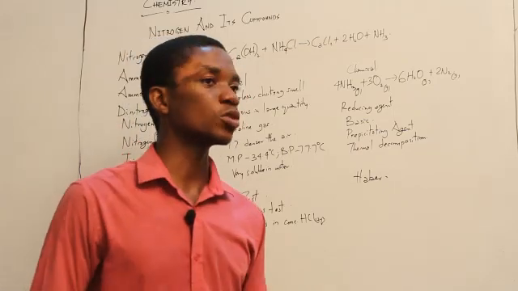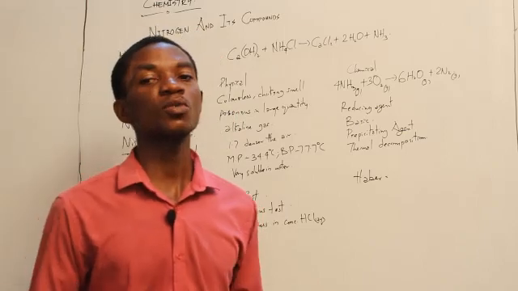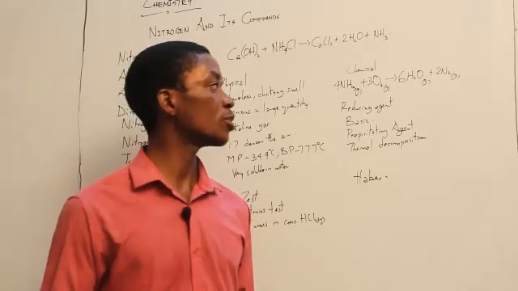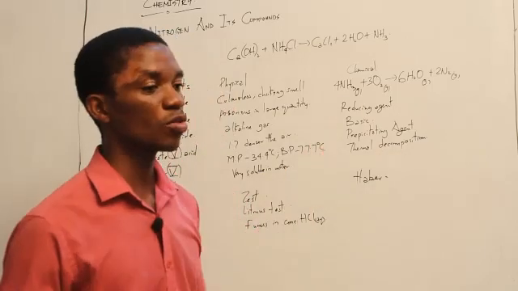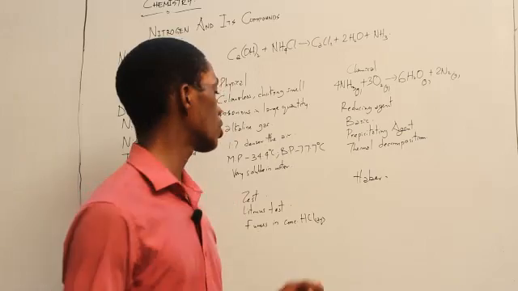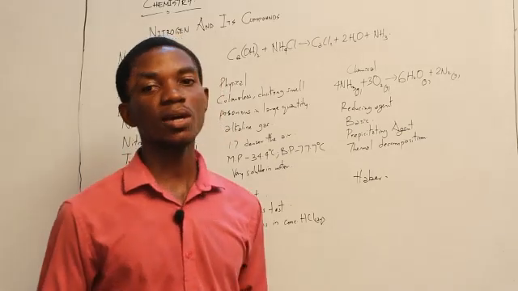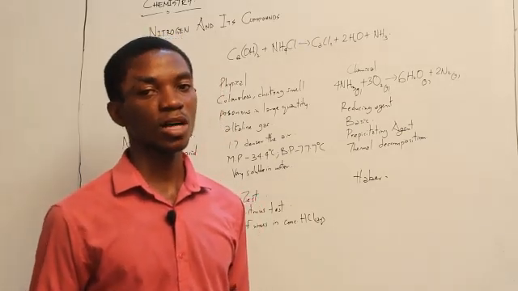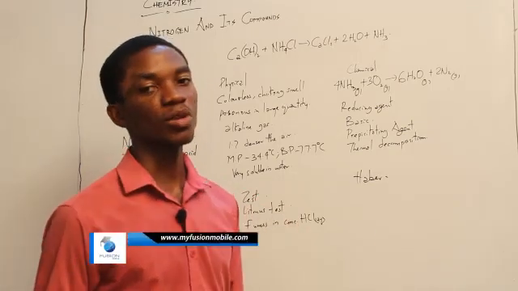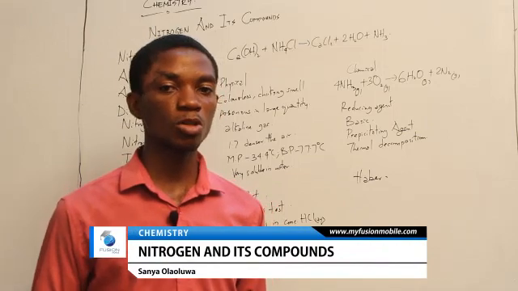It's also good to note that if you want dry ammonia, you cannot dry it using concentrated H2SO4 like we usually do, because it is an alkaline substance, and we cannot use calcium hydroxide either, because it would also react with it to produce an ammonium salt.